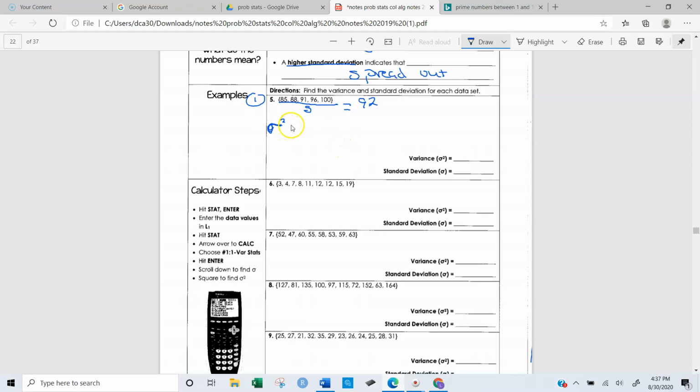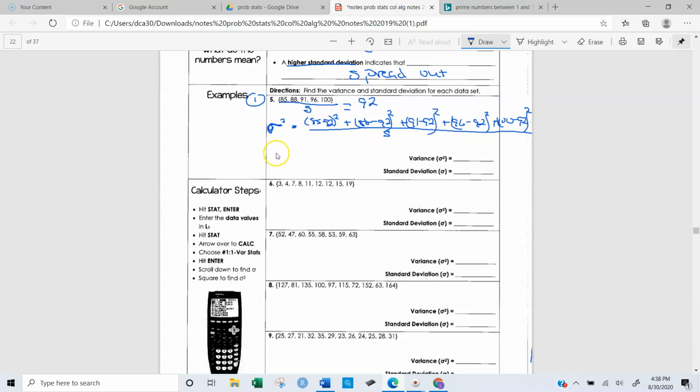Okay, so to find the variance, we take every number minus the mean, so 85 minus 92, and we square it, plus 88 minus 92, and we square it, plus 91 minus 92, and we square it, plus 96 minus 92, and we square it, plus 100 minus 92, and we square it. Then we take that answer and we divide it by our total, which is 5.